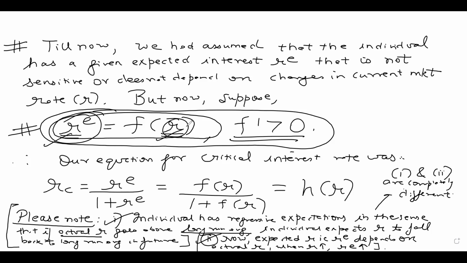Point 2 is another assumption we are making, that from now onwards, instead of assuming RE to be completely independent, let RE depend on the actual rate of return R. When the actual rate of return R goes up, individuals also revise their expectations of the interest rate, so RE is also expected to go up. Now let's quickly plot the relationship between R and RC.